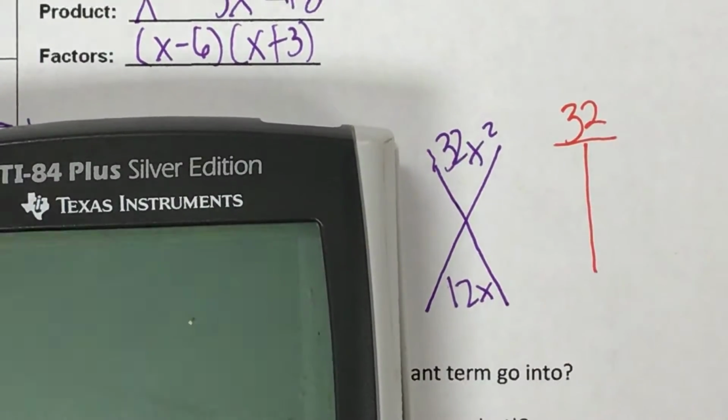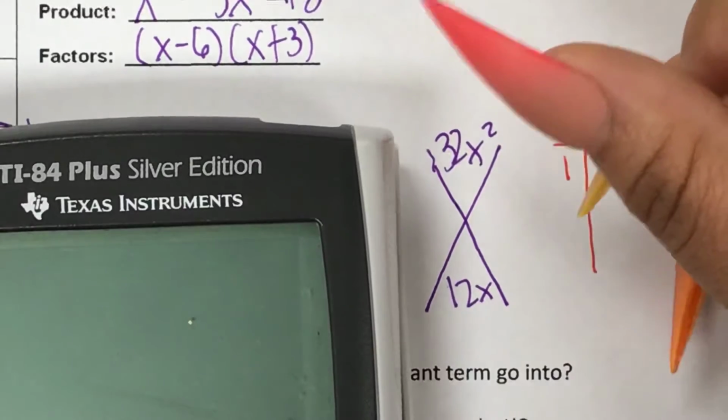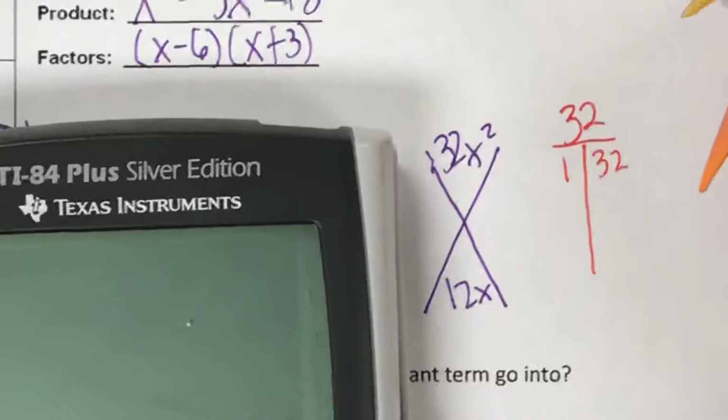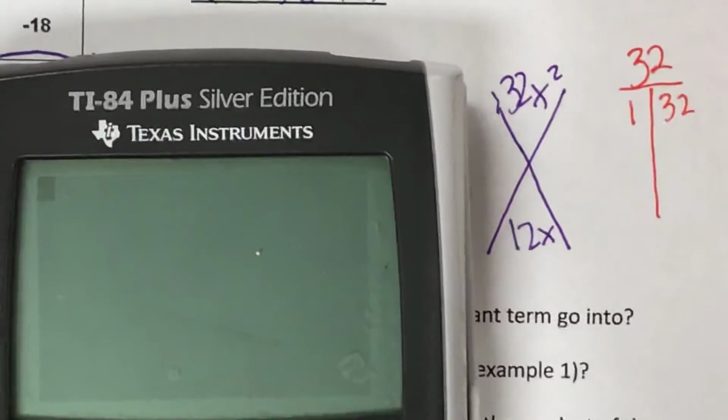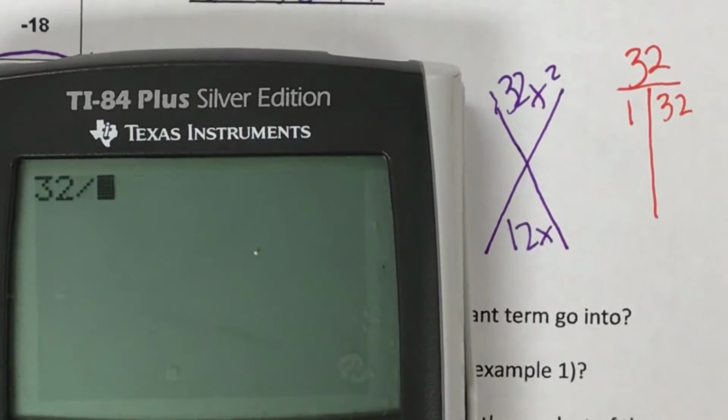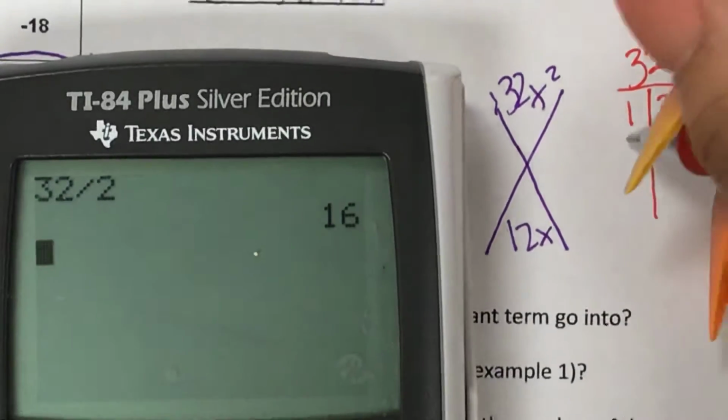So we're going to start with 1 and 32, and we're just going to divide. 32 divided by 2 is 16.